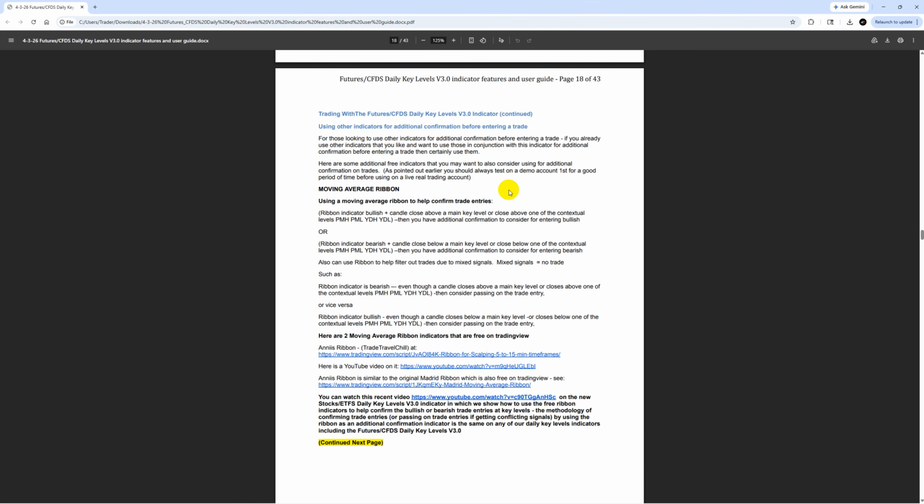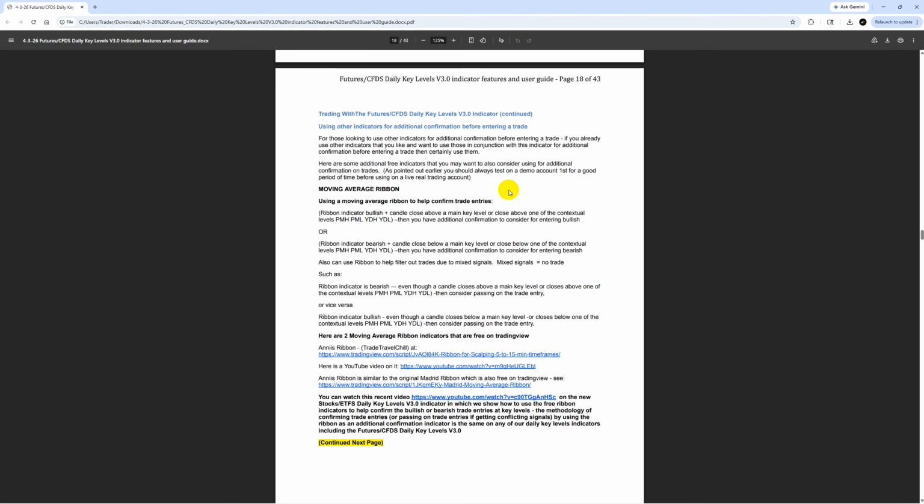In this video, we're not going to go through every little aspect of trading with the indicator. It is outlined in the user guide and control manual. We're just going to touch on a few points here, and then just refer to the features and user guide, which you need to read through before using the indicator.